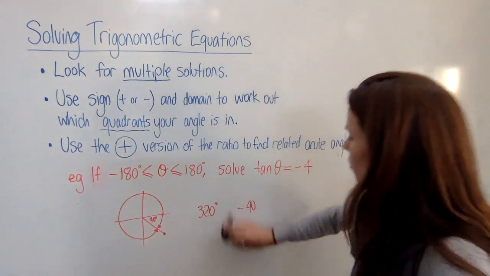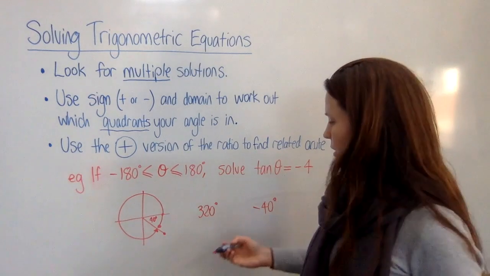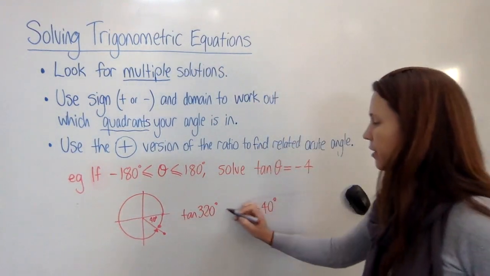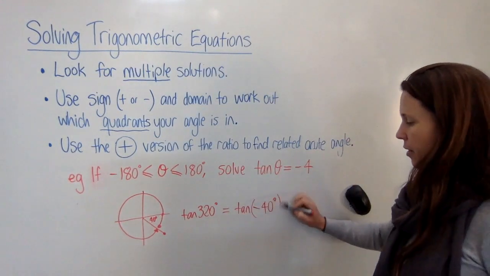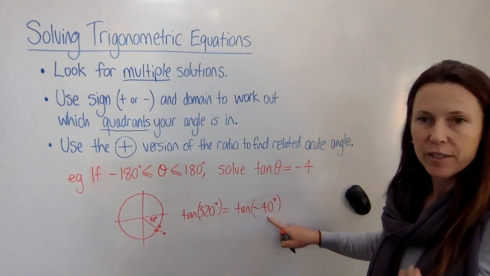Now, what that means is that if I find the sine or the cos or the tan of 320 degrees, it's going to be the same as the sine, cos or tan of this other related angle. Okay, it's just another name for the same thing.